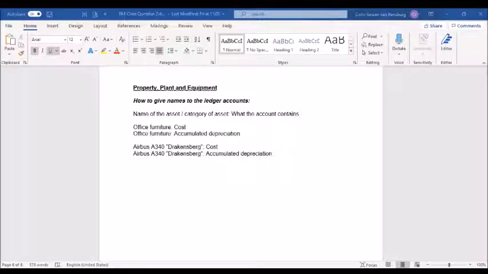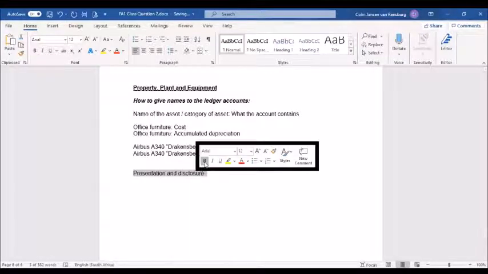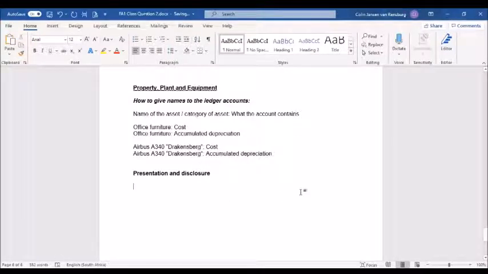And I'm just going to perhaps type this. This is the same set of notes that we've used last time. So when it comes to the presentation and disclosure, we've just spoken about the presentation. That's on the face of our statement of financial position, but then the disclosure, the additional disclosure in the notes, what is required?